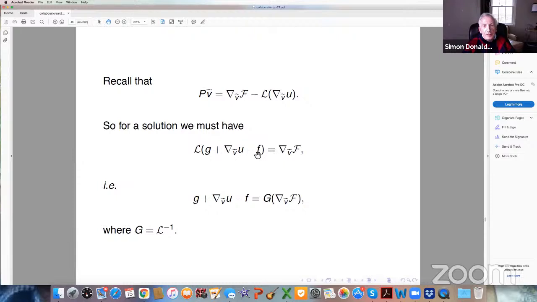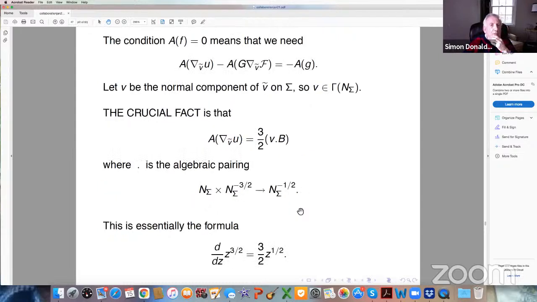This left-hand side is given by applying our Green's operator, the inverse of L, to the derivative along v tilde of f. Of course, the v tilde is at present unknown, so this is a formula involving f we want to find and v tilde on both sides. But the condition we need is that this leading term A of f equals 0, so that gives the following condition.